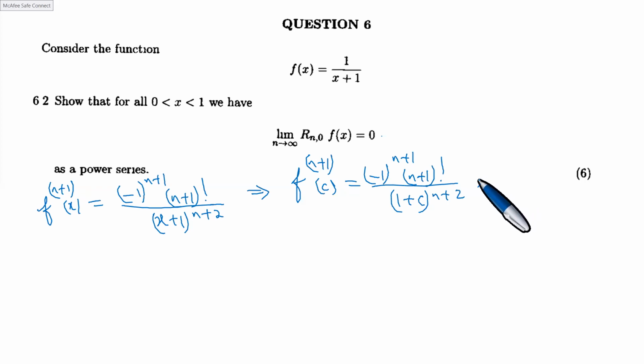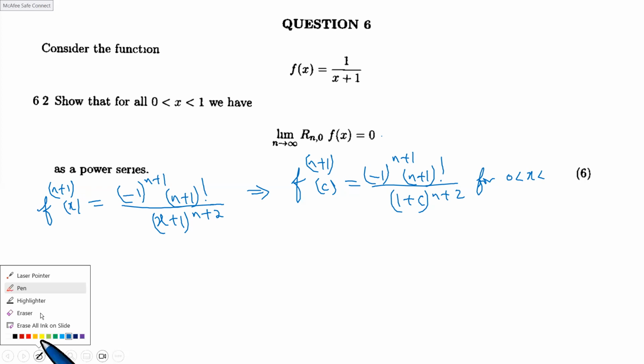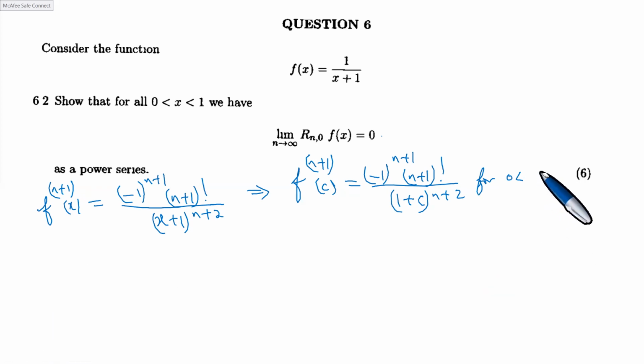We understand at this point that this is true for the c we're dealing with always. Right, the c we're dealing with is a c that is less than x.